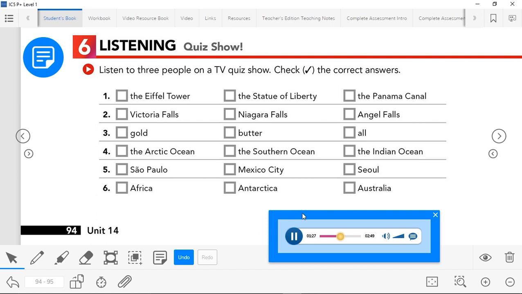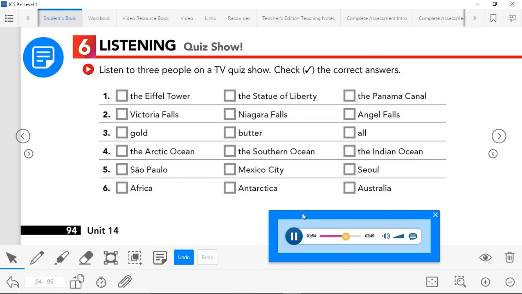Question number 4. Which of the world's oceans is the smallest? The Southern Ocean, the Arctic Ocean, or the Indian Ocean? Nobody knows? Does anybody want to guess? Joshua. The Indian Ocean is the smallest. No, sorry. Oh, shoot!